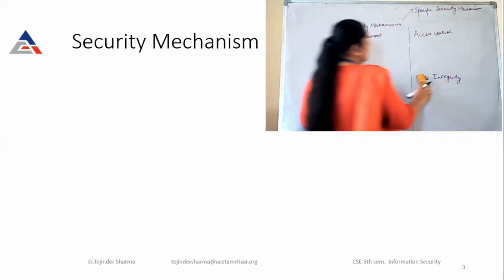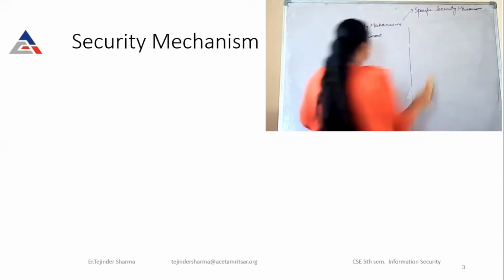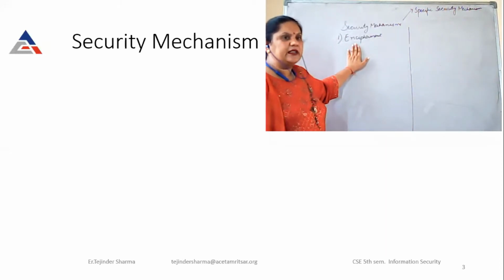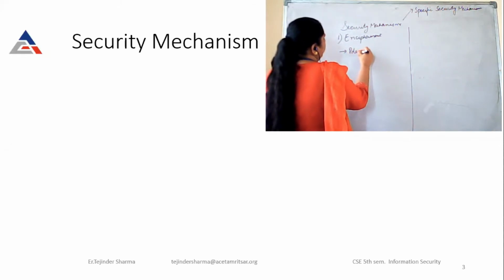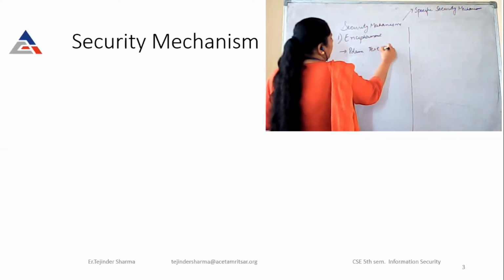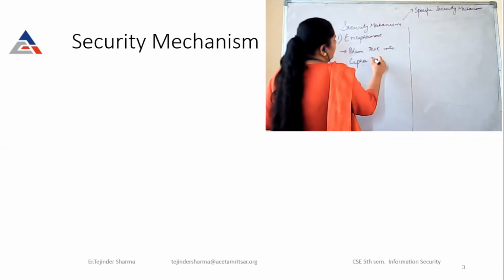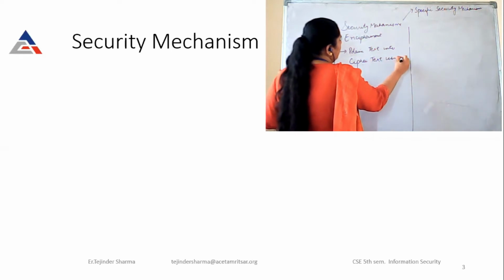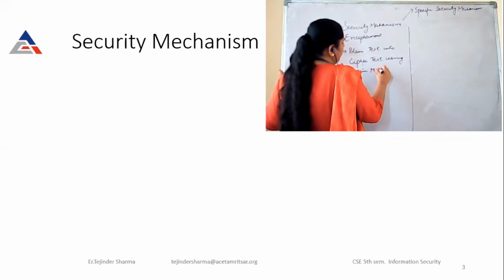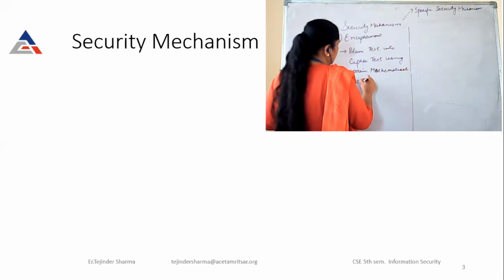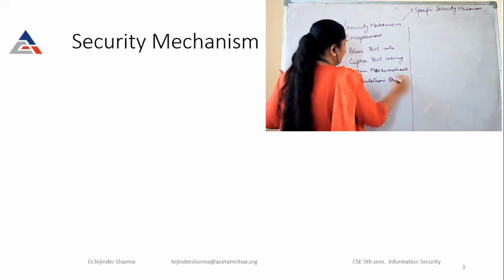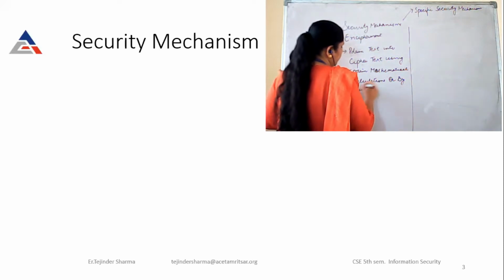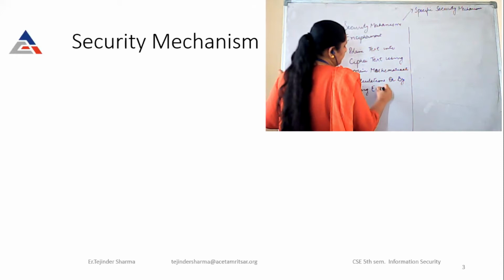As the word makes clear, encipherment is basically to convert the plain text into the ciphertext using certain mathematical calculations or by using encryption techniques.